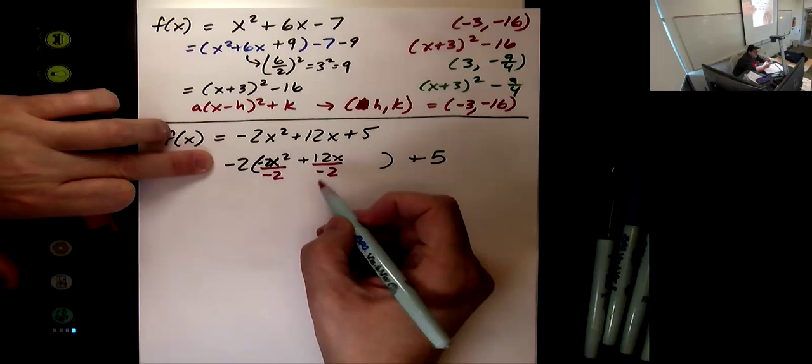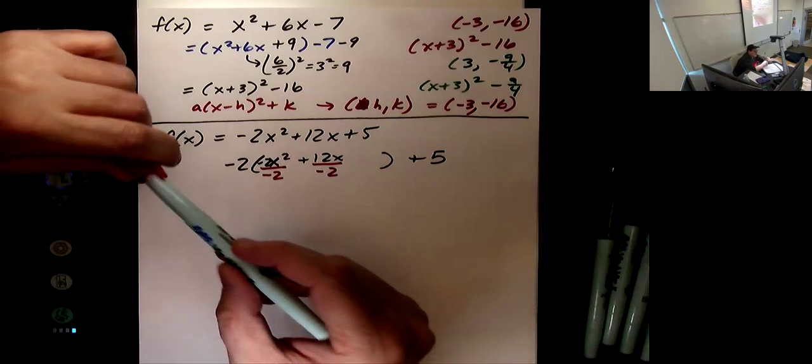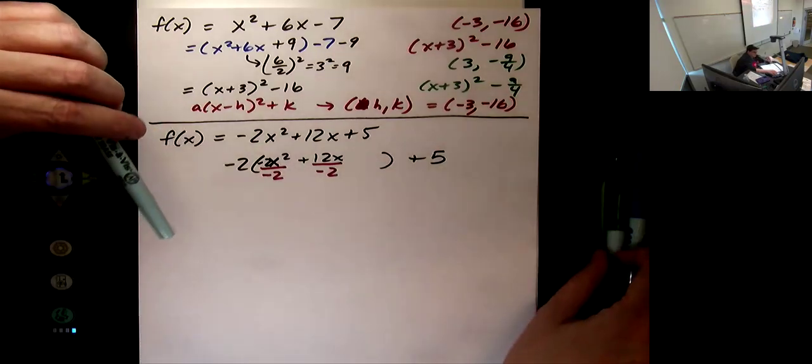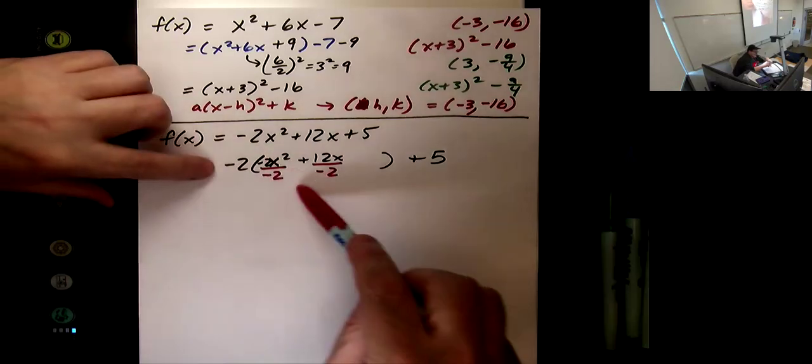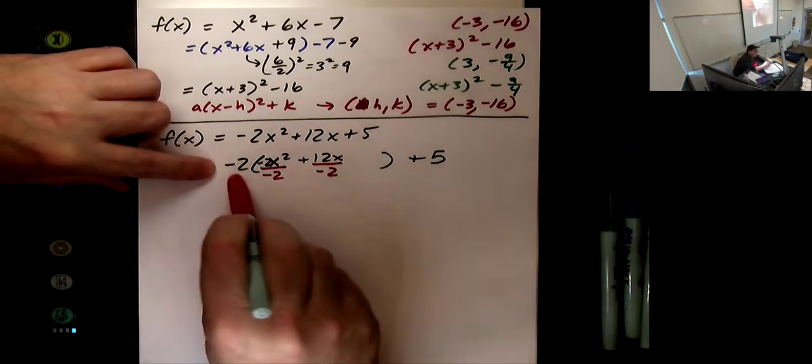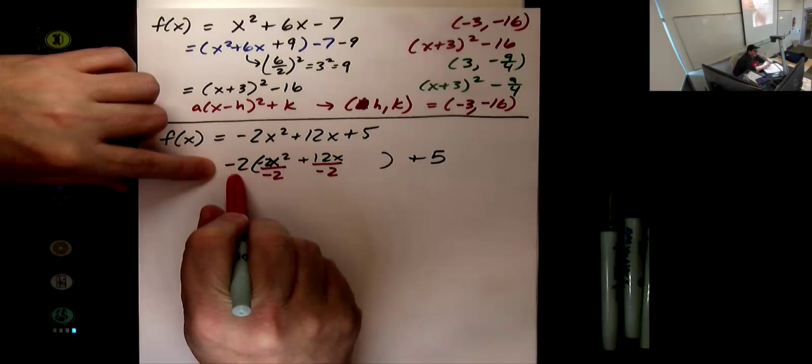So rather than dividing by 2 everywhere, we're just gonna divide by the -2 on the inside. That way we can factor out a -2 on the outside.